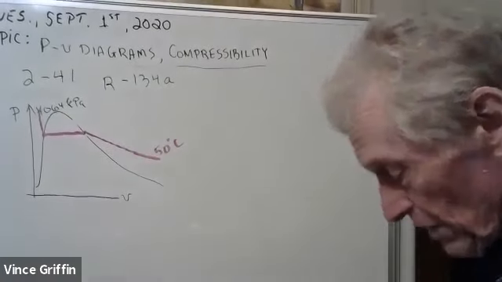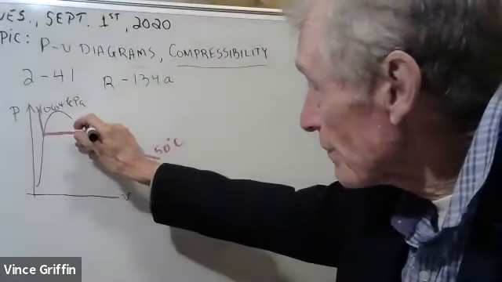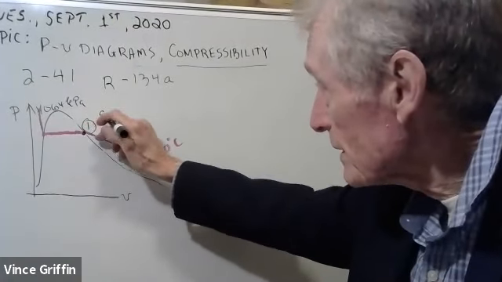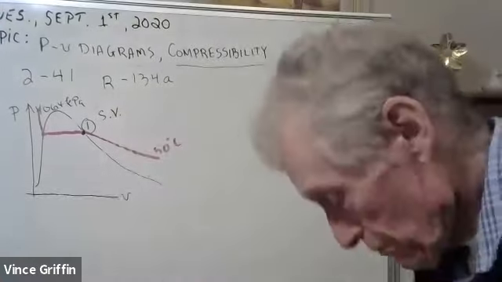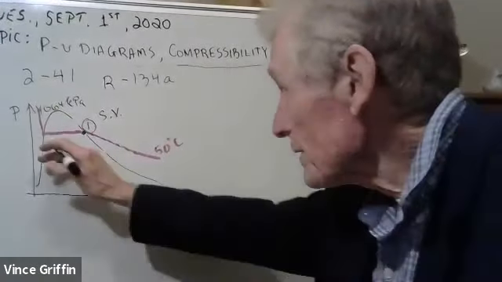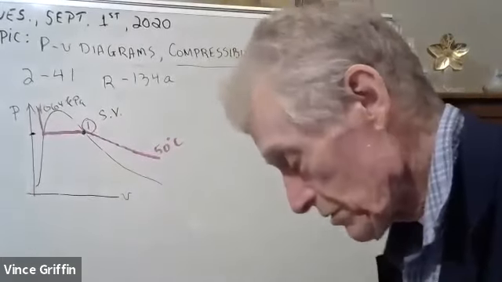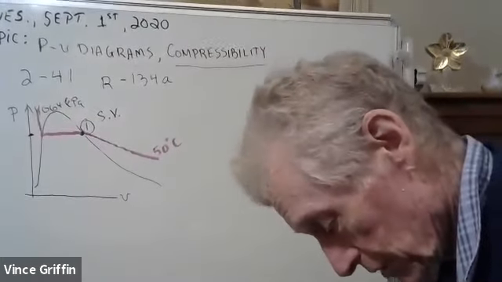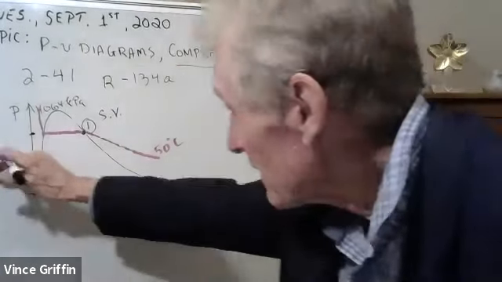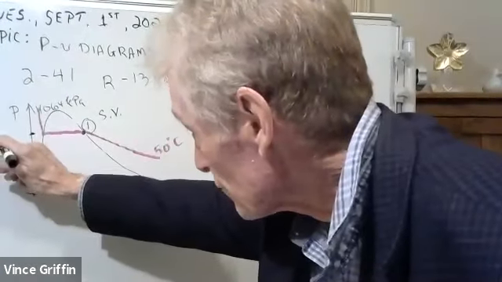It says saturated vapor. When it says saturated vapor, that's where you are, right there. They call it saturated vapor at 50 degrees Celsius. Well, we can get the pressure. What is the pressure at 50 degrees Celsius? It's 1318.1.